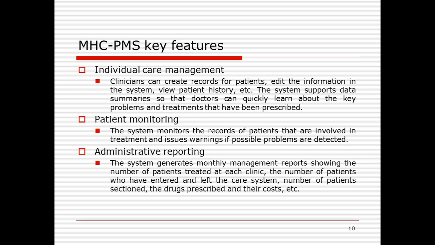Another is administrative reporting. Administrative reporting is the statistical reports generated for the administrative people, who can have an overall glimpse of the entire system. For example, how many patients have been treated in a particular month or year, how many patients have entered and left the system on a particular day, what kinds of drugs are mostly used on a particular day, and which category of mental health care patients have been provided a particular category of drugs.